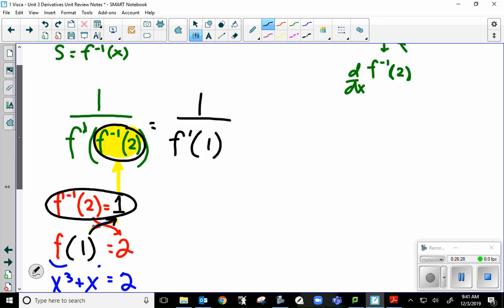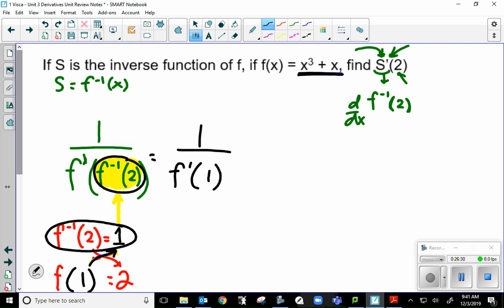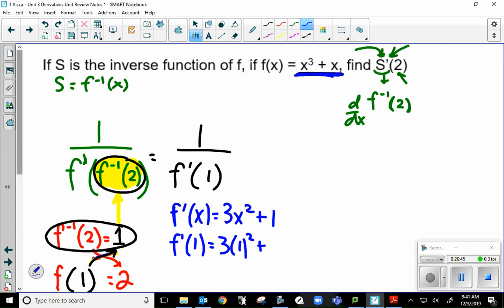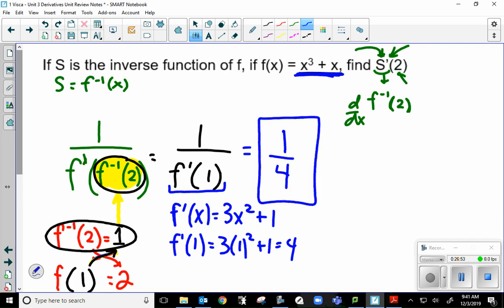Now all I've got to do is take the derivative of this, find f prime, and put a 1 in. The derivative of f of x is 3x squared plus 1. Now, if I want to find the value at 1, 3 times 1 squared, which is 3, plus 1, that's 4. So this value here is 4. There it is. Not too shabby. All right?